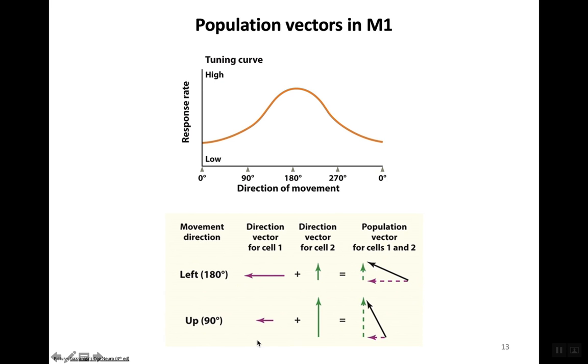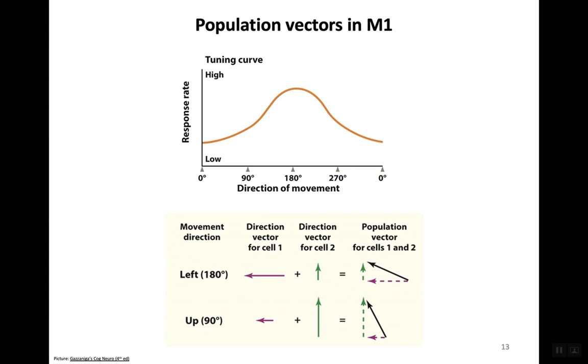And to take the opposite example, let's say that cell 1 has only a weak firing rate, but it is not silent, and cell 2 provides a maximal firing rate. So in this case, the result of adding the corresponding vectors triggers a movement mostly away from the subject, but also slightly left.